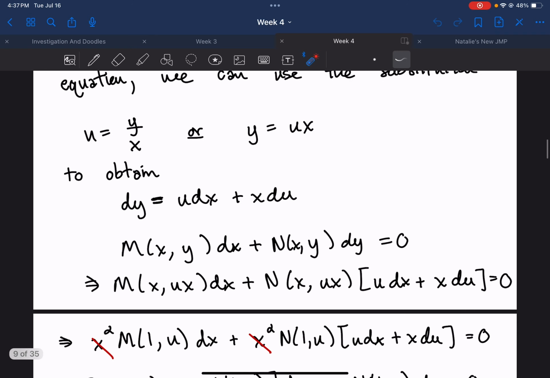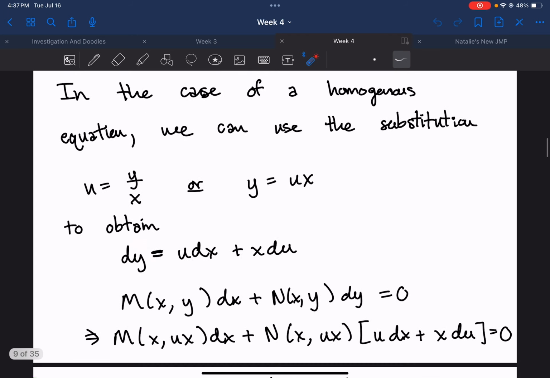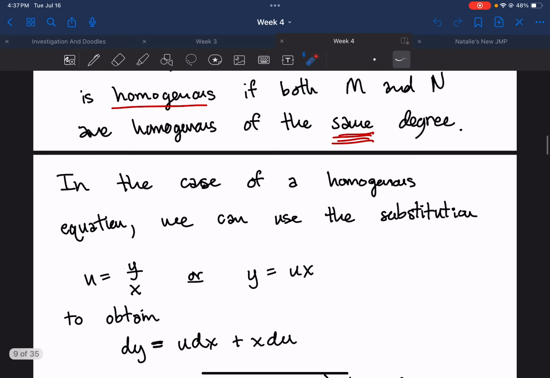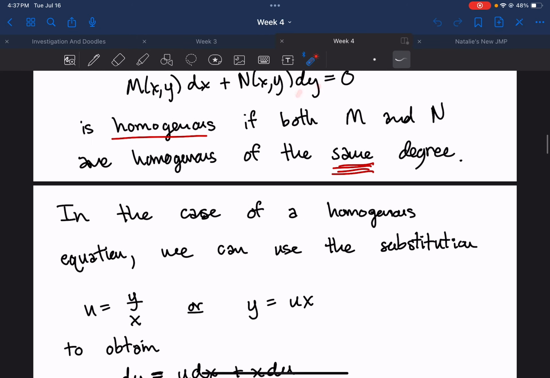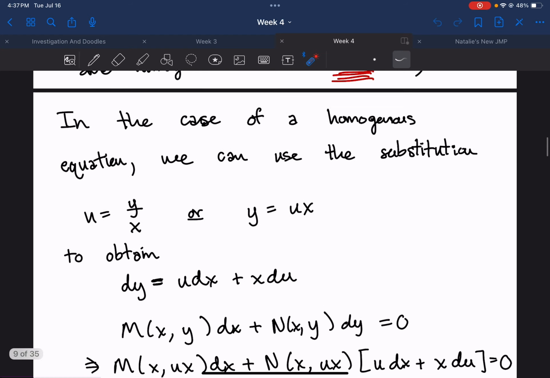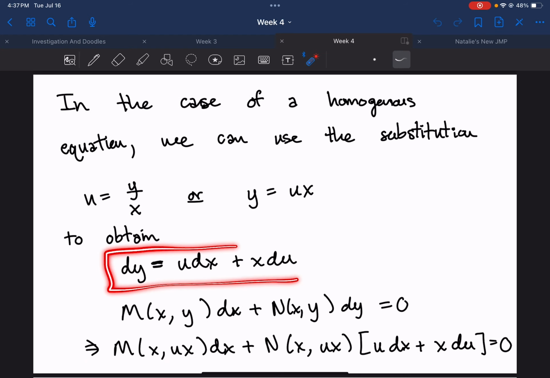So we can replace the dy term right here with u dx plus x du. If this is a homogeneous differential equation, you can do this clever little substitution, which gives you this dy, and plug that in right here.